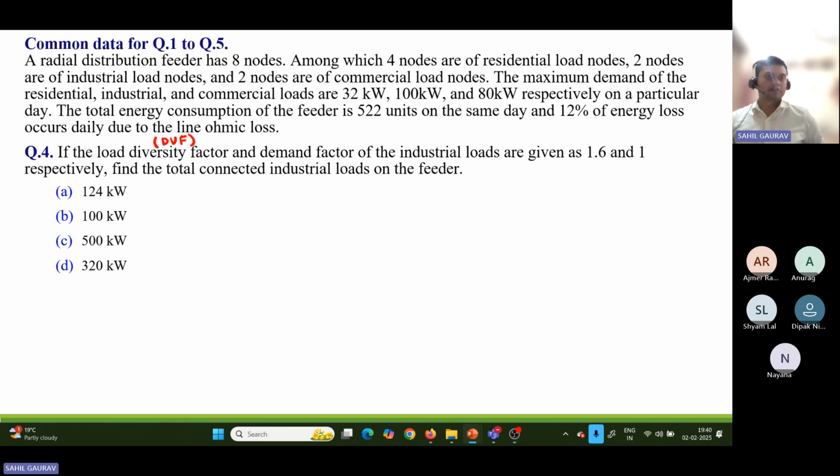Therefore, we are using the notation DVF for the diversity factor, and DF for the demand factor. For the industrial load, diversity factor is given as 1.6, while the demand factor is given as 1 respectively.